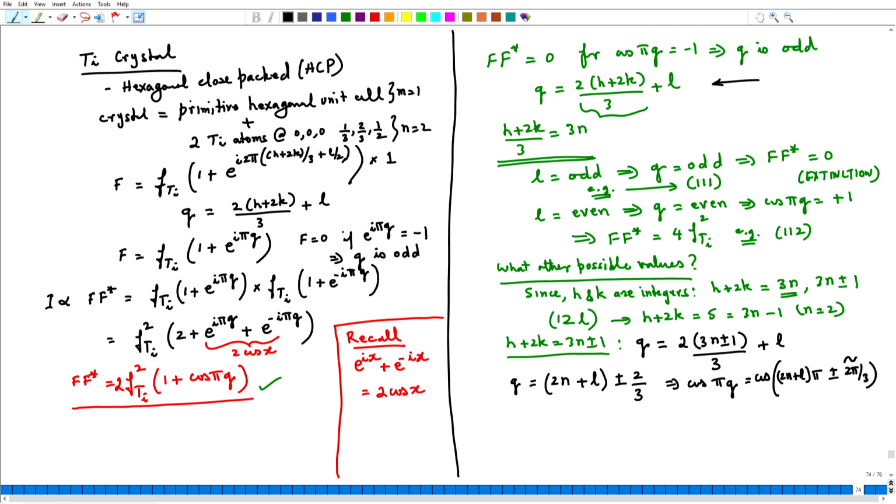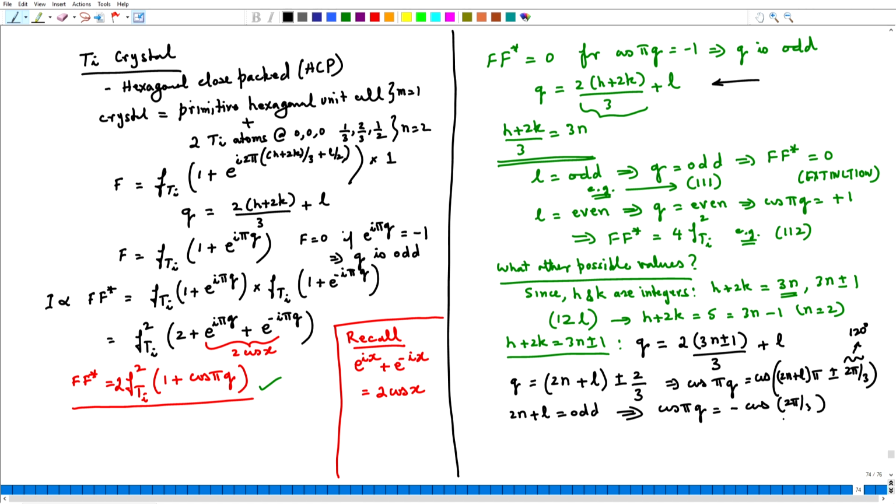So you can see here that 2 pi by 3 is simply 120 degrees, and 2n plus L can be either odd or even. So if I take 2n plus L as odd, then I know that cos pi q, here inside this cos term I have an odd multiple of pi, and this would simply give me minus cos 2 pi by 3.